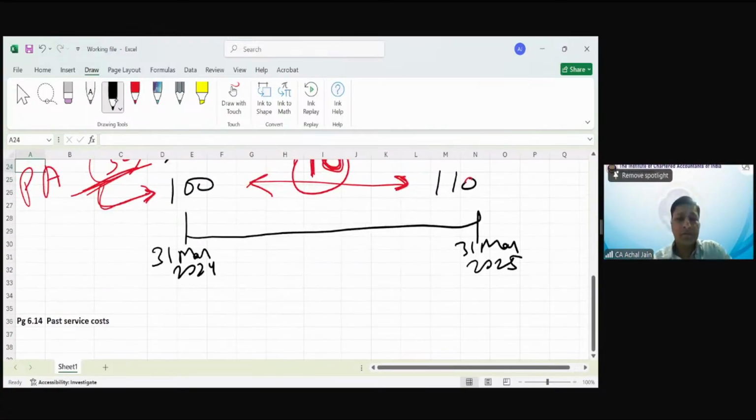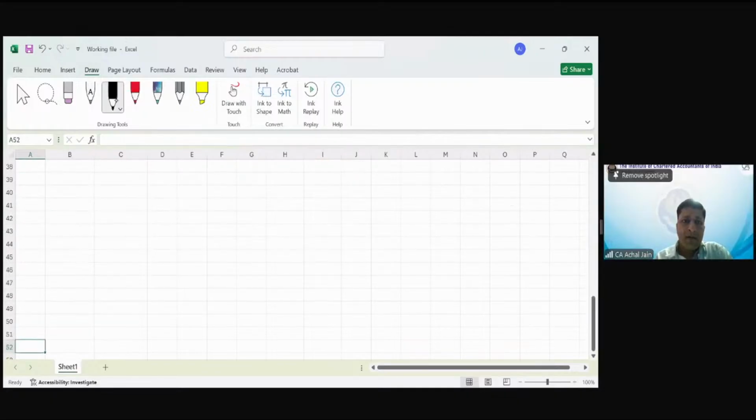Sir, in a defined contribution plan, it has been written fixed contributions to be made. Fixed contributions, it is not a one-time payment, it is a regular payment. Yes, of course, that's correct. Sir, the employee relationship indicators have been given: a contract of employment exists, and individuals are covered for legal, tax, social security purposes.